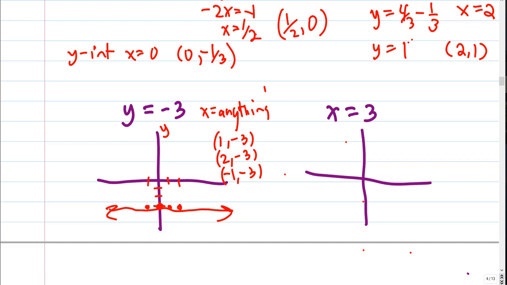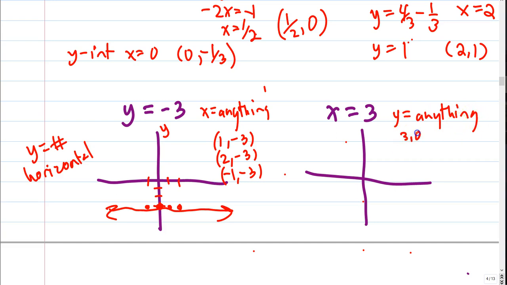X equals 3, well, if y equals a number is a horizontal line, it makes sense that x equals a number would be a vertical line. Well, let's see. X can equal 3, y can equal anything, there is no y here. So we could have 3, 0, on the x-axis.